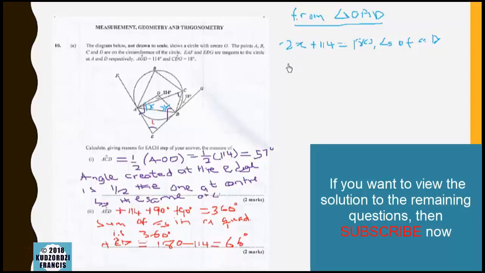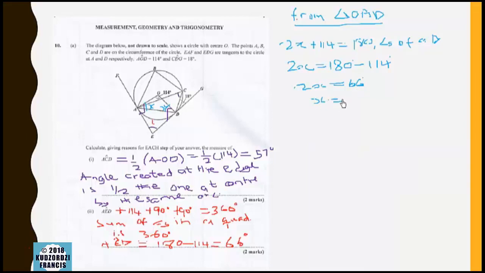Now we can solve for x: 2x is equal to 180 minus 114, so 2x is equal to 66. So x is equal to 33 degrees.